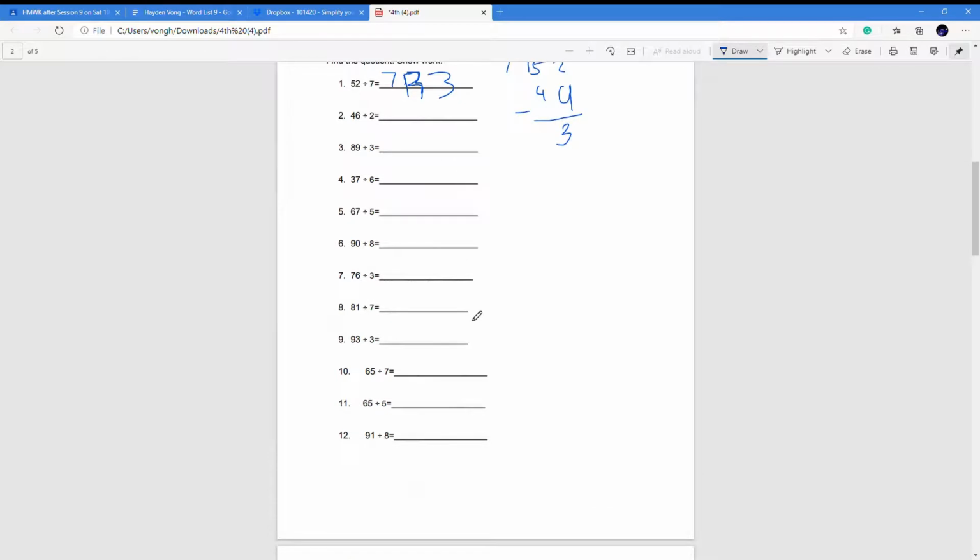We'll do another one just so you can get a good understanding. Let's do number 7. 76 divided by 3. When you divide, 3 goes into 7 2 times. And you subtract, you get 16. 3 goes into 16 5 times.